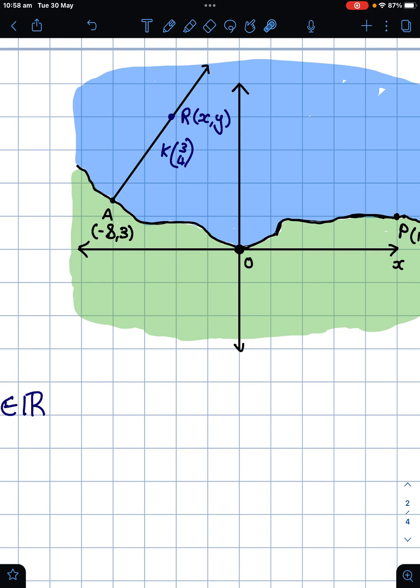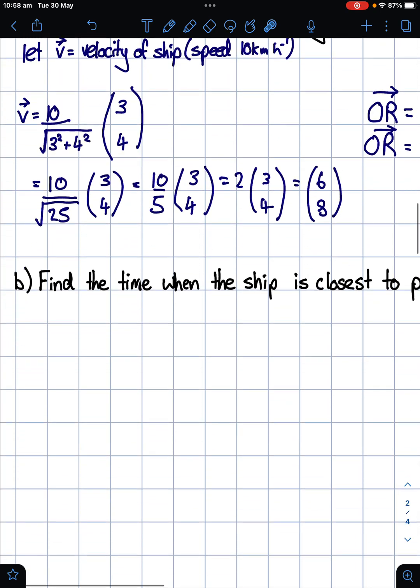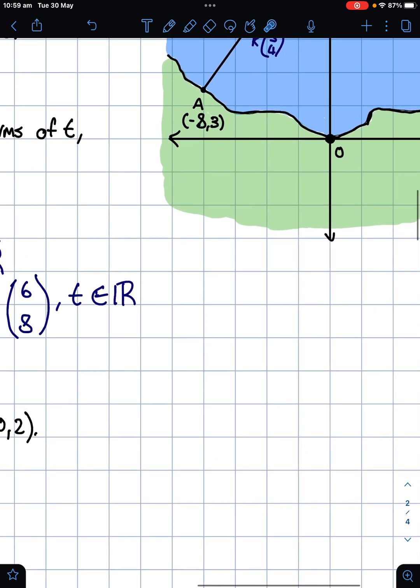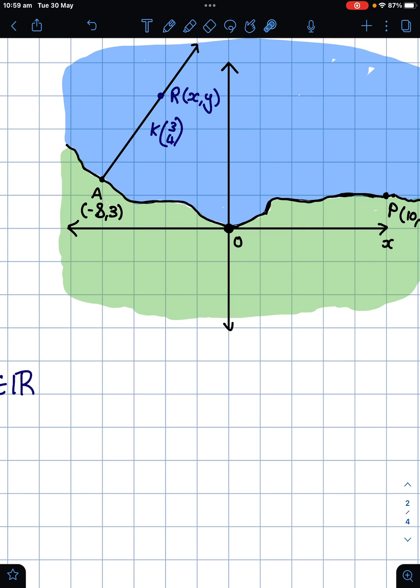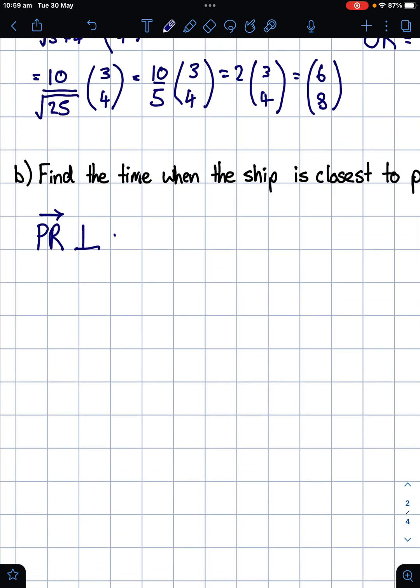So we're looking at P to R, R being that coordinate, and we want that to be perpendicular to our direction vector or our velocity vector, which goes along here. So we're going to call this v here.